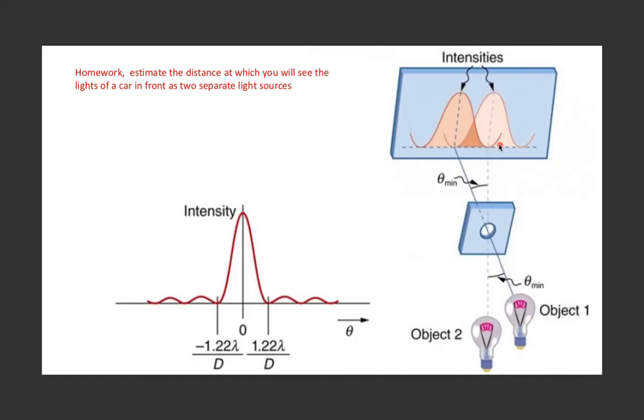There's one criterion called the Rayleigh criterion. It says that if you want to differentiate two objects going through a pupil like this, the minimum angle you can have for them to be distinguished is such that the maxima of one source correspond to the minima of the other. And you can see that happens perfectly here.